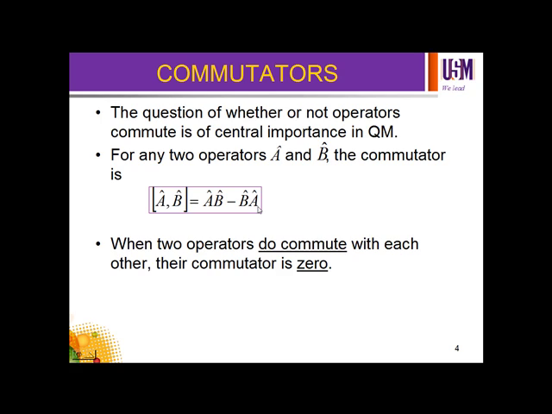That means the commutator of A and B equals AB minus BA. When two operators do commute with each other, their commutator is 0. That means if in the above example, A and B are commutative, then AB minus BA should give you a 0 value.